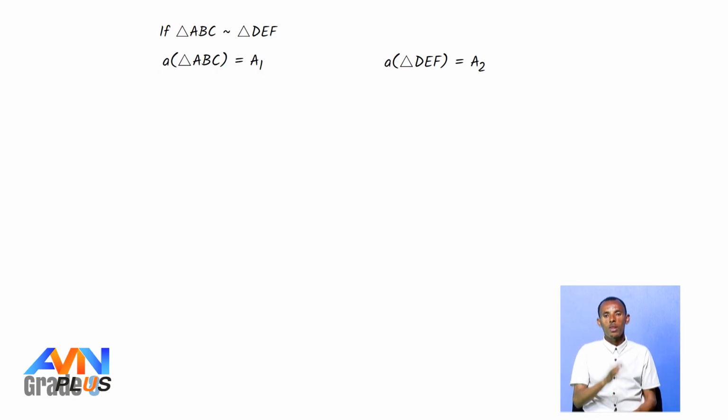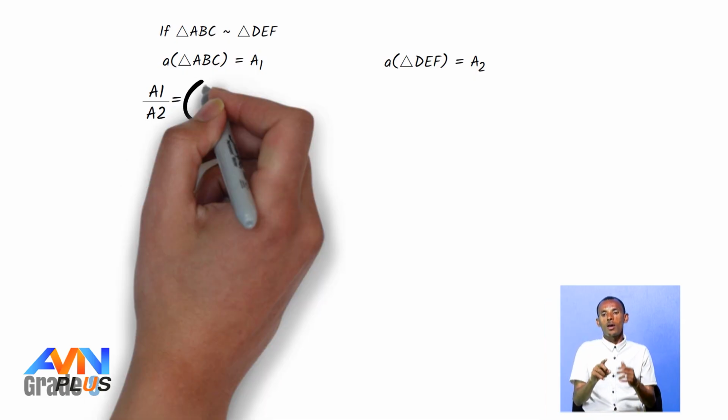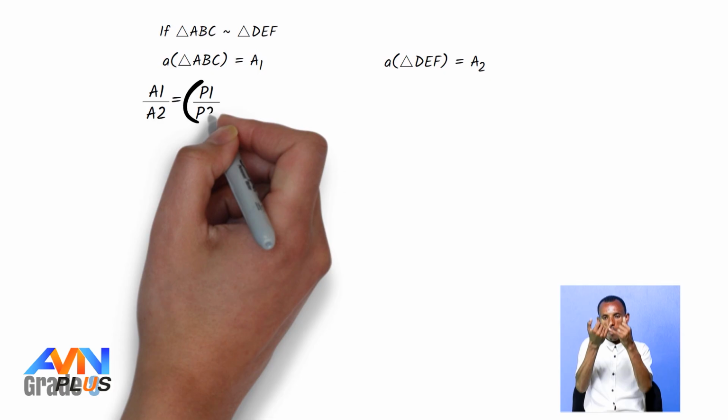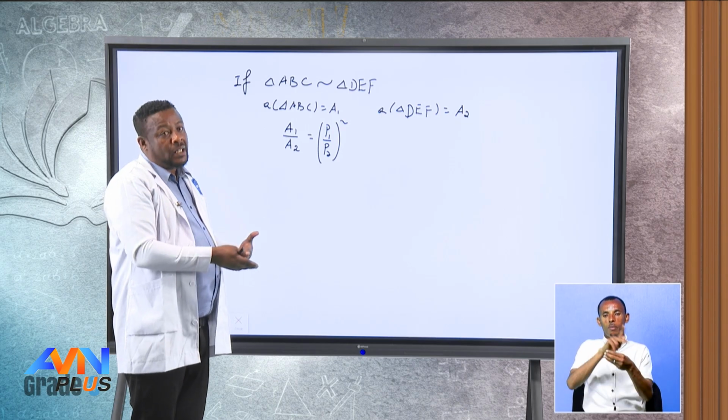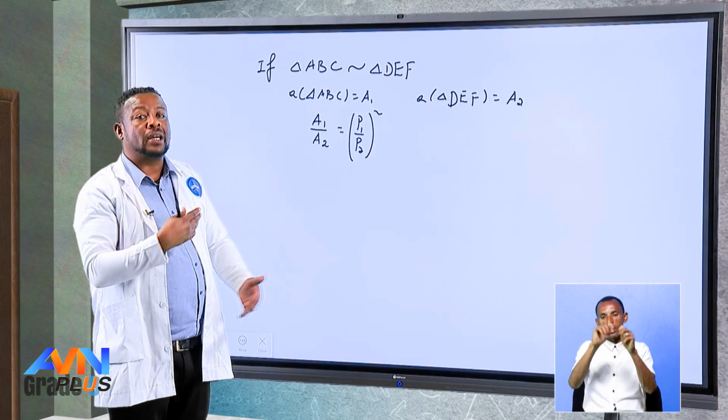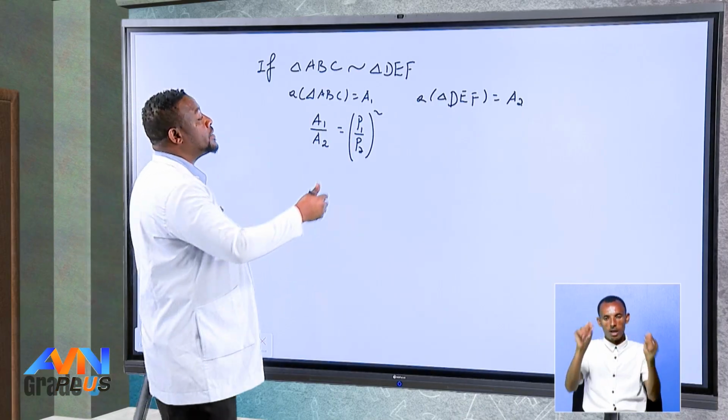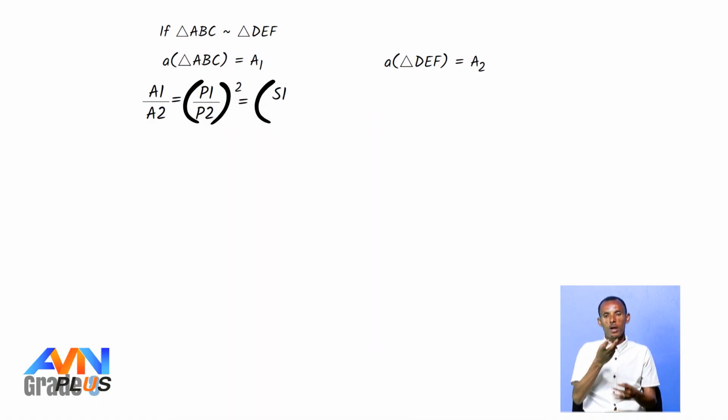Okay, if we have this, by similarity of these two triangles, the ratio of the area of these two triangles A1 by A2 is the same as the perimeter of triangle ABC, call it P1 by P2 the whole square. Since the ratio of the perimeters of two triangles and the ratio of the corresponding sides of two similar triangles are the same, we can write like this.